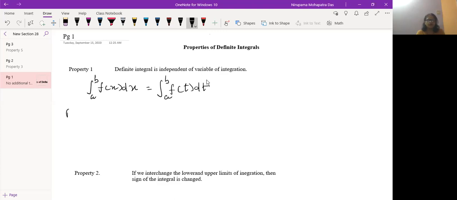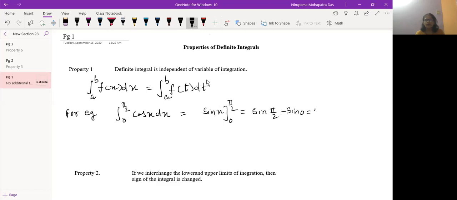Let me show you through an example. If I write the integral from 0 to pi by 2 of cos x dx, as we know, the integral is sin x, with limits 0 to pi by 2. So we are getting sin pi by 2 minus sin 0.